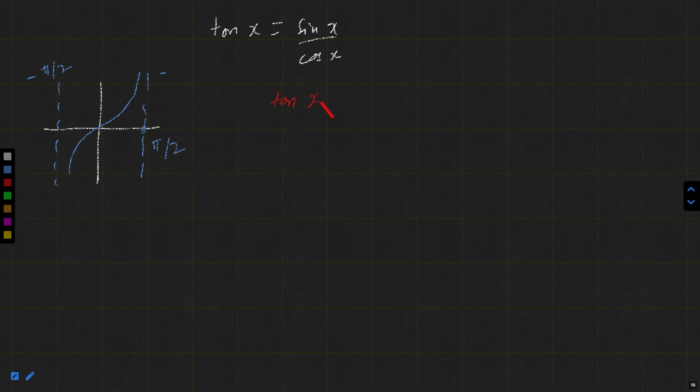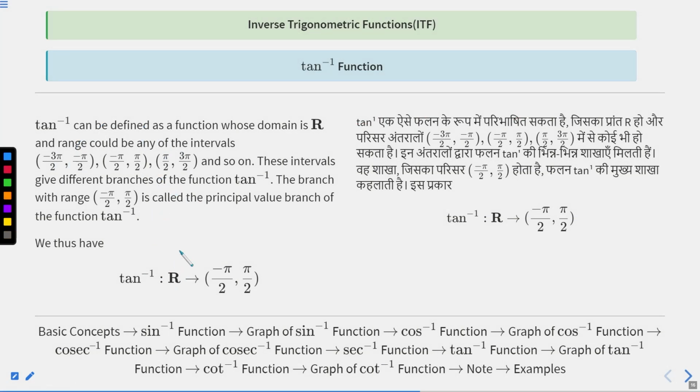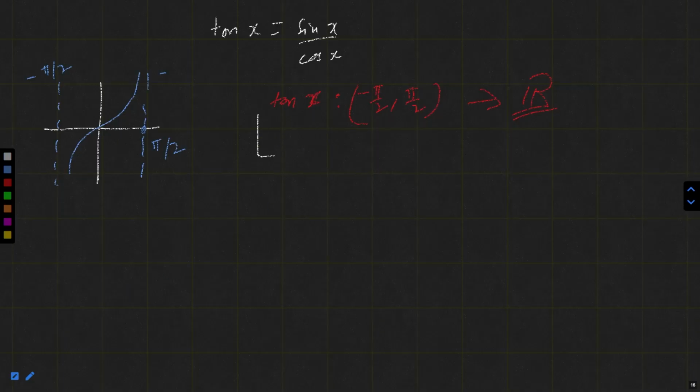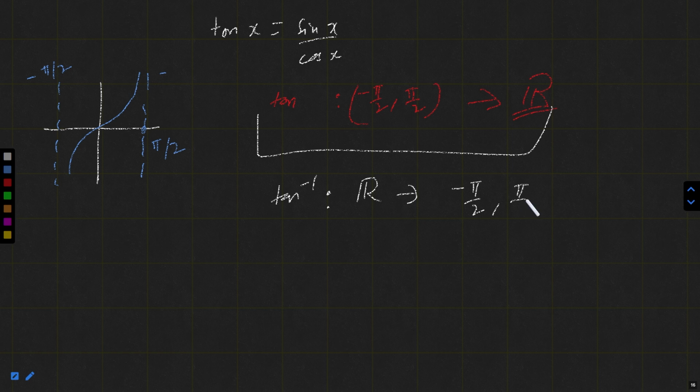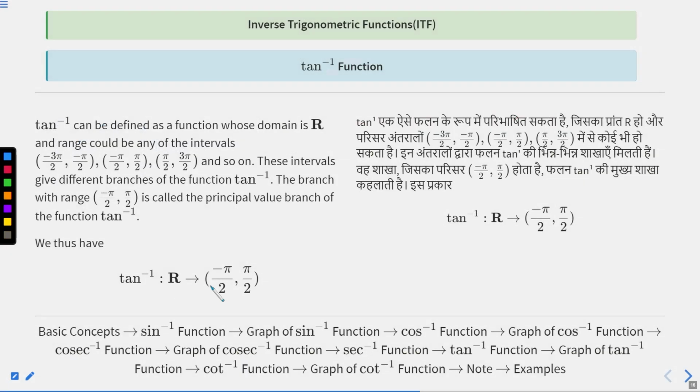So tan x is now defined from minus pi by 2 to pi by 2 to the whole set R. Respectively, we can define the tan inverse function from R to minus pi by 2 to pi by 2, open interval. So the principal value branch will be minus pi by 2 to pi by 2.